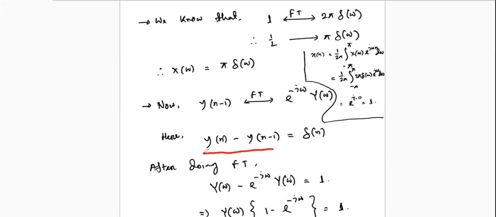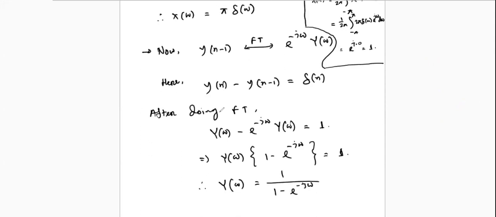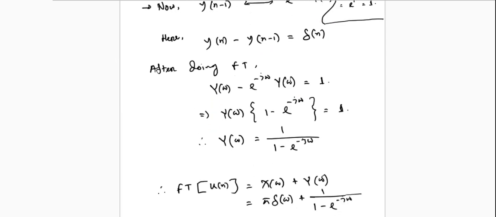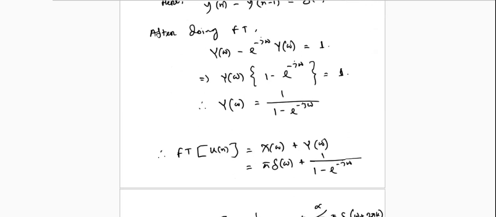So we can write this equation again: yn minus yn minus 1 is a delta function. On the left side, we have done the Fourier transform of this, and on the right side we have done the Fourier transform, because we already know the Fourier transform of this. We have already shown it in the previous lecture. So from there, do the mathematical calculation, and we have found y omega, that means the Fourier transform of the y value.